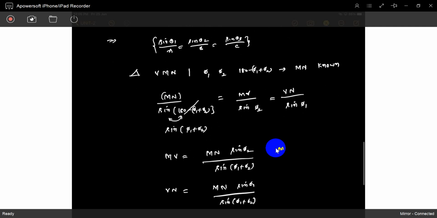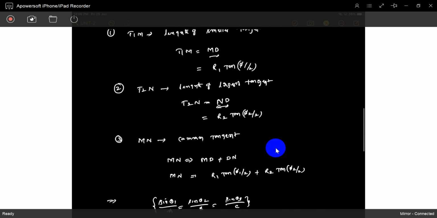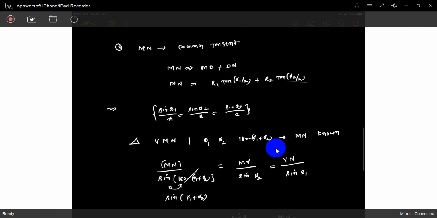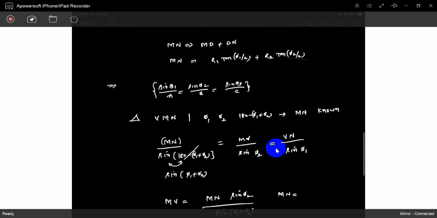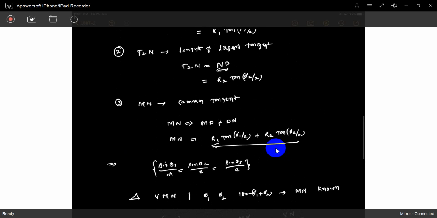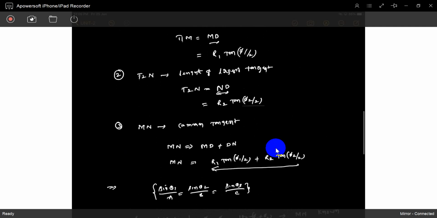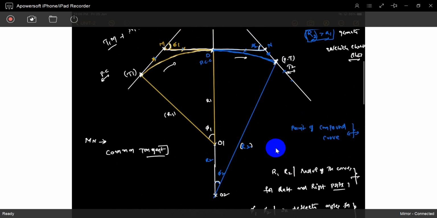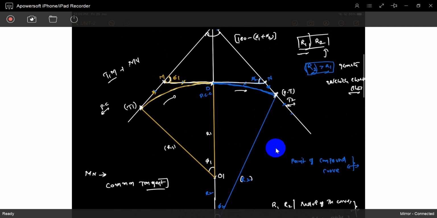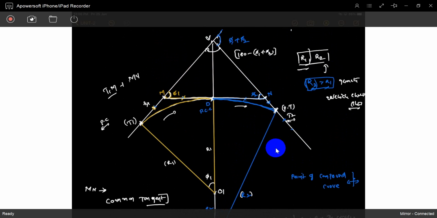What is mn? Mn is md plus dn, we already know it. If you want to mention some small lengths, in some textbooks the notation is Ts, the tangent of small length, and this is Tl, the tangent of large length.